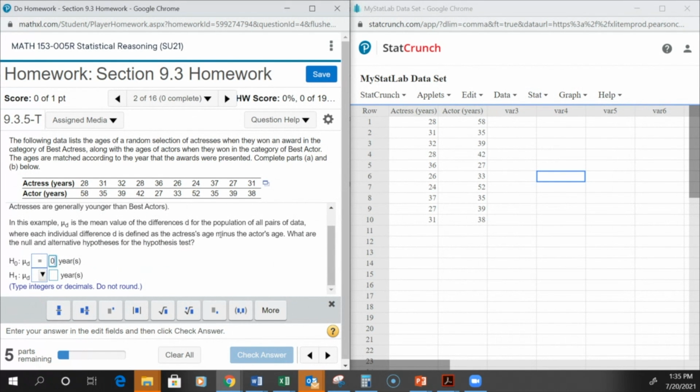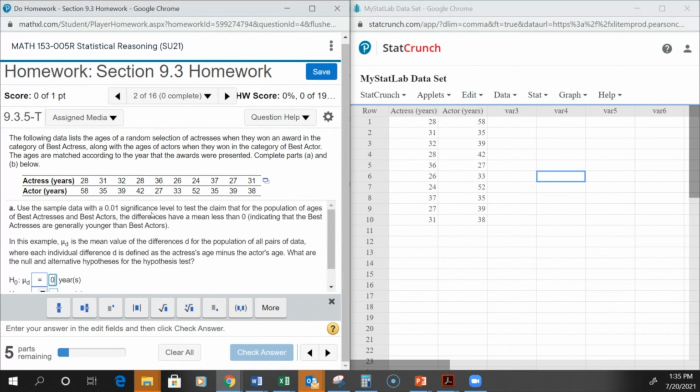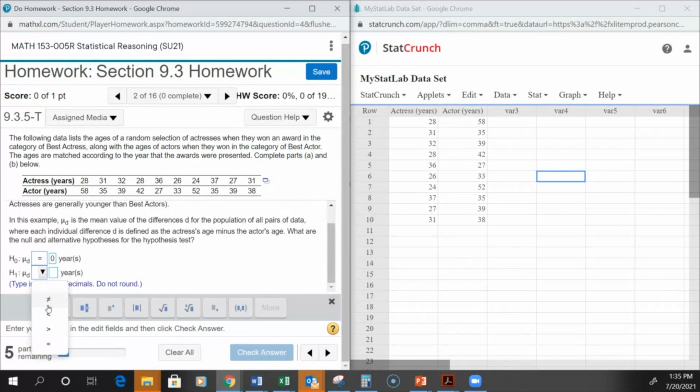And what's the original claim? Test the claim that the population of ages has a mean less than 0, meaning the actresses are younger. Okay, so less than.